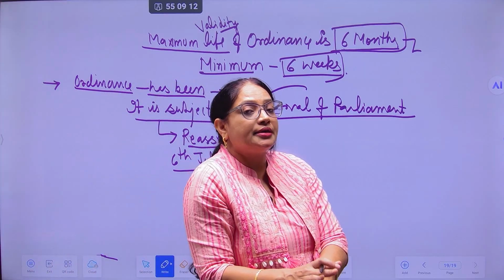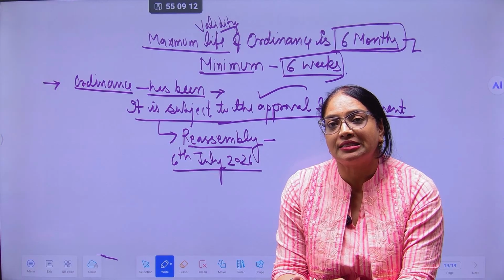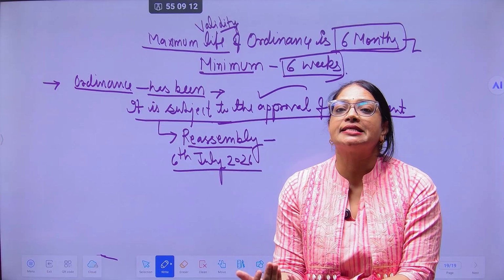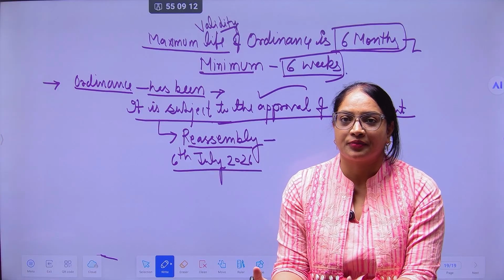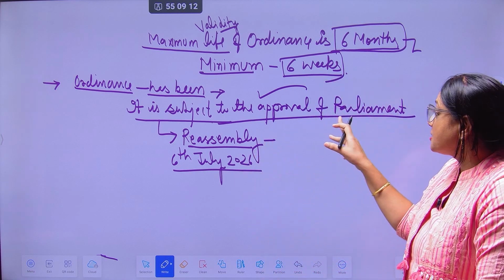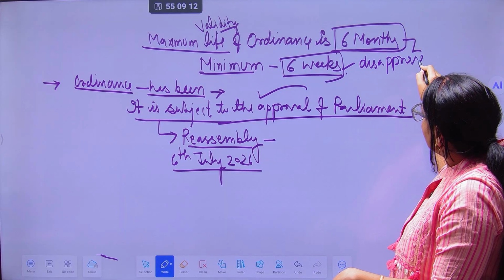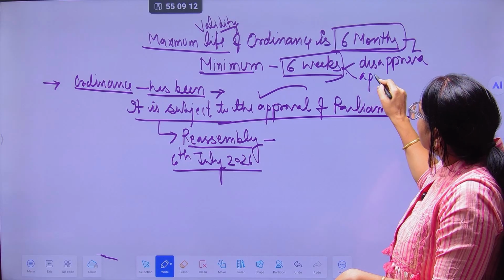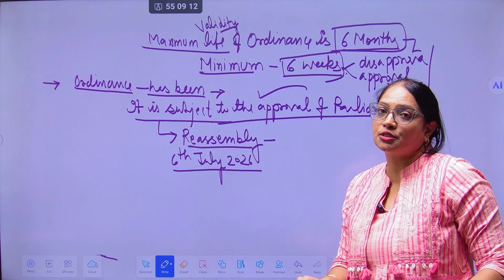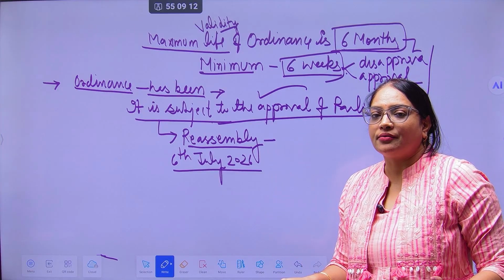Suppose after the reassembly, Parliament has not approved the ordinance within the time limit of 6 weeks, it will automatically cease. It will collapse. It could also be disapproved within these 6 weeks, both approval and disapproval are possible. After the expiration of 6 weeks, it becomes inoperative, right?